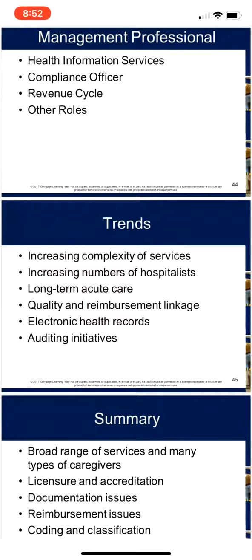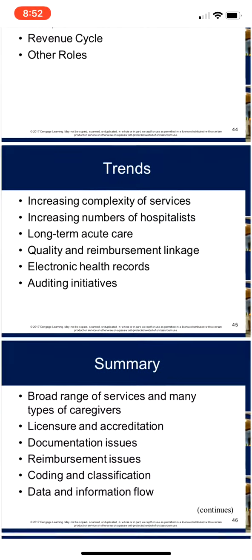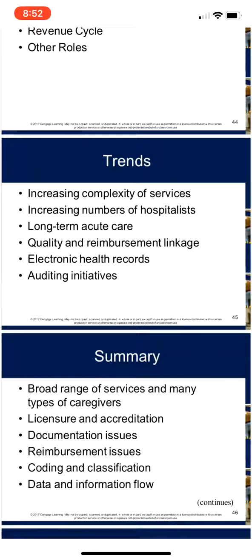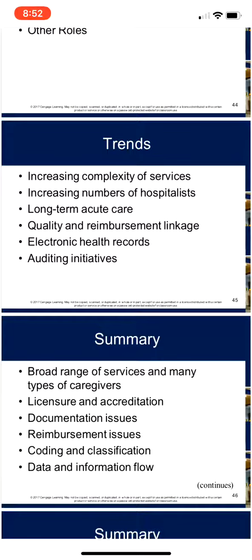One trend that cuts across several areas, documentation, coding, reimbursement, and revenue cycle management, is the increasing scrutiny given to coding and payment issues by auditing initiatives such as those described in Chapter 1. Health information managers will experience increasing opportunities and challenges in addressing the information needs and reimbursement required of more complex hospital and healthcare networks.